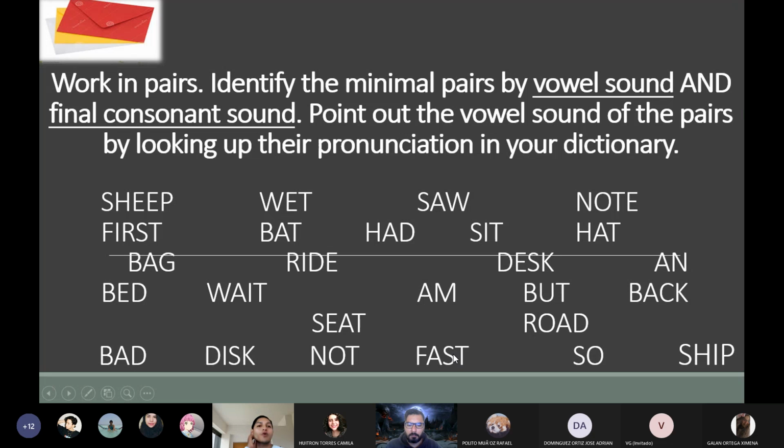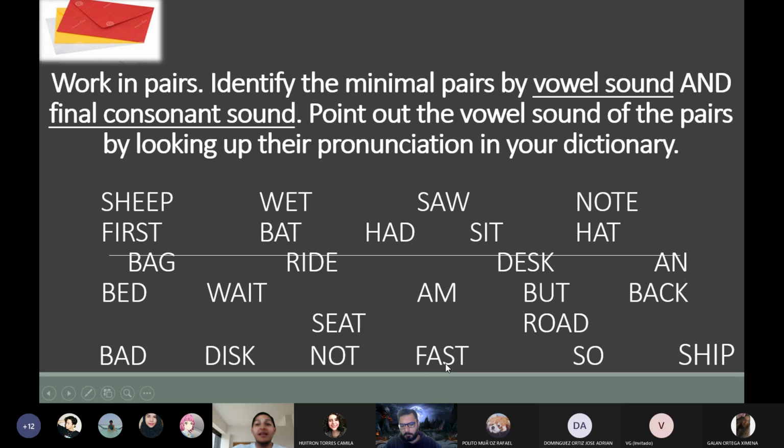Look the words up in your dictionary and you will see that they have different symbols for the sounds. First, fast. That's a vowel sound.